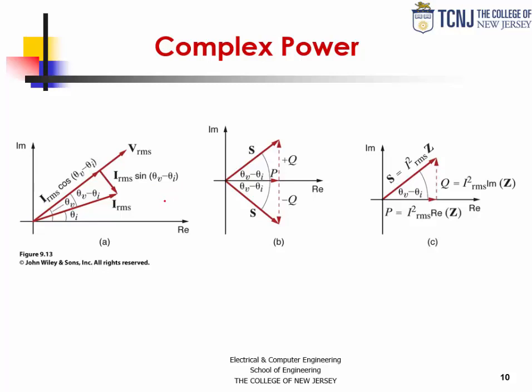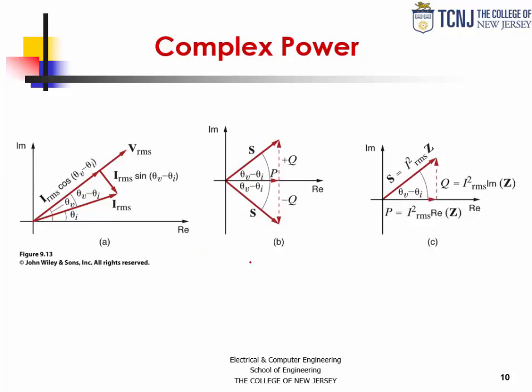The real power that does work for us in an AC circuit is going to be these two components, the voltage and the projection of the current onto that vector. And that is the real power that we are interested in, the one where the current and the voltage are in phase.